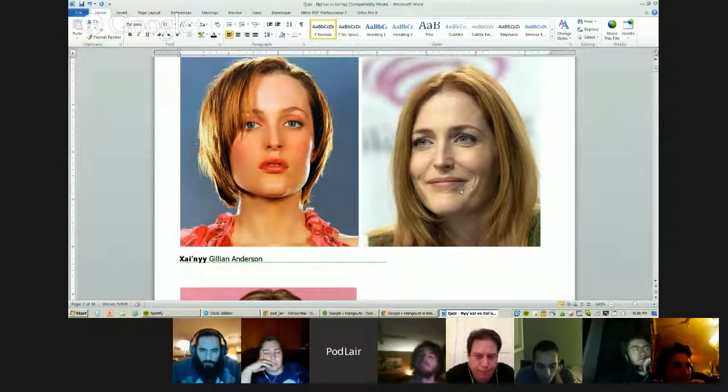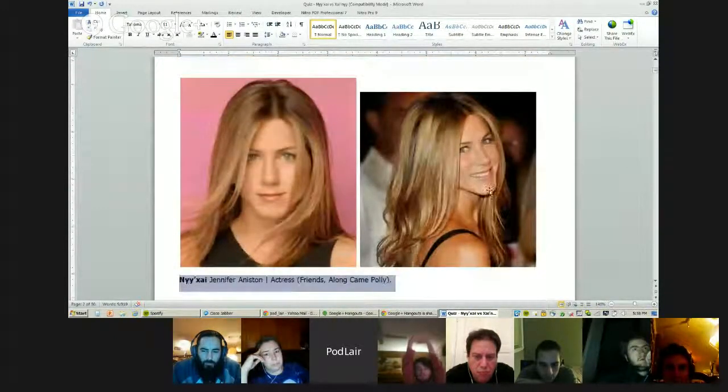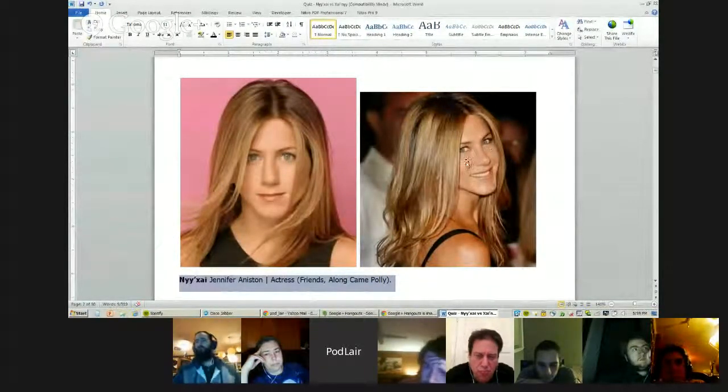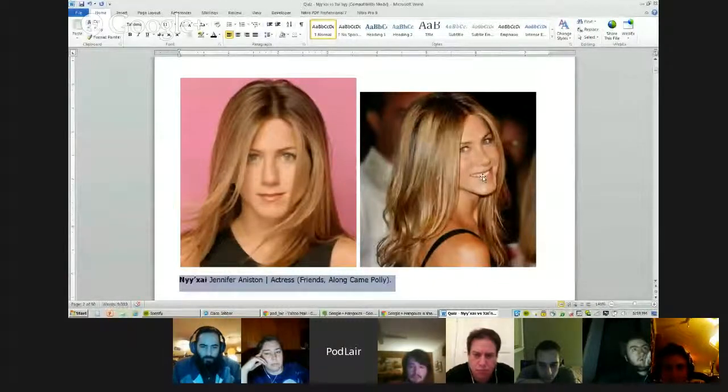And so one of the things that you'll see is for Shiny, the mouth, where they're emoting, where the Shy radiates from, will have more energy in it than the eyes. So Ni is their second power and will be expressed through the eyes, but since Jai is their first power, that's what has the most energetic focus. Whereas for Jennifer Aniston, since Ni is her first power, notice her eyes is what pops out most and has more energetic focus than her mouth, which is tied to Jai, her second power.